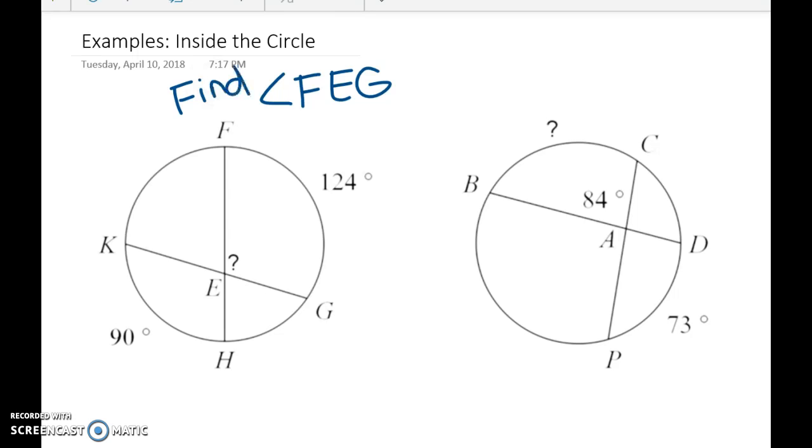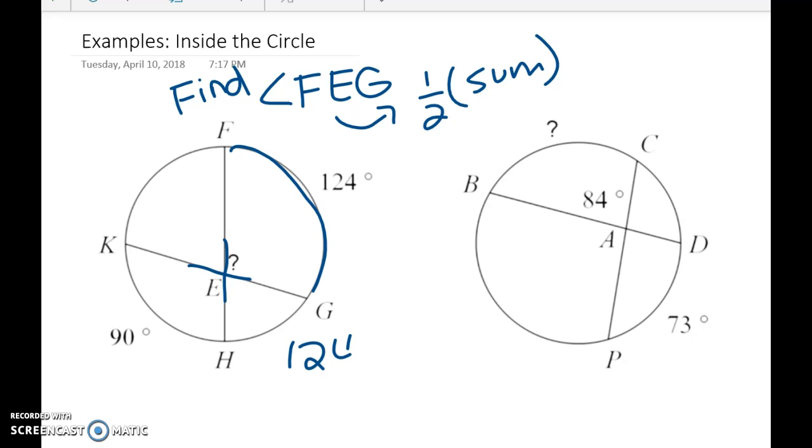Okay, well remember, when the angles are in the middle, they make a plus sign. So that's when I have to do half the sum. Half the sum makes the plus sign in the middle. So what arcs do I have here? I have 124. The other arc that I have is 90, so I'm going to find their sum and divide by 2. Take the average.